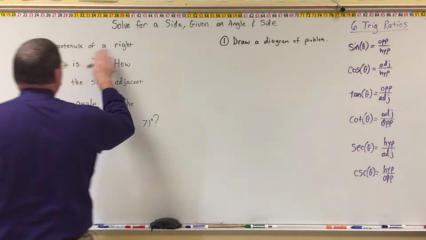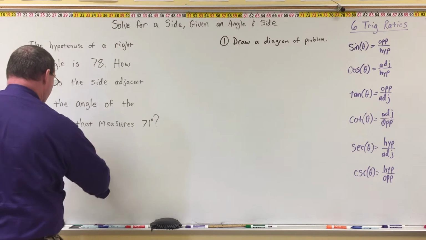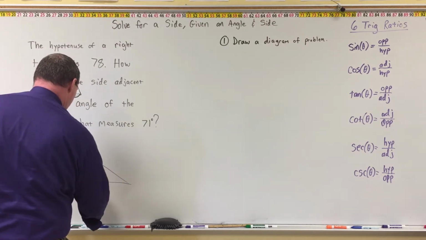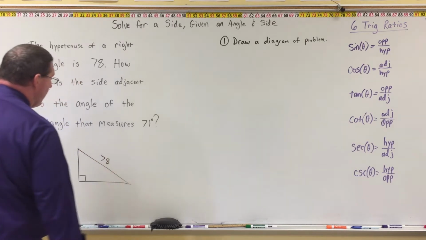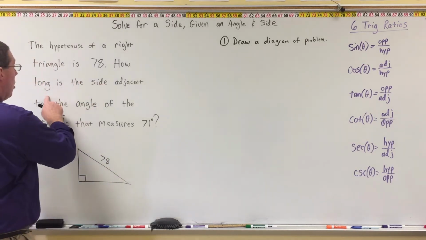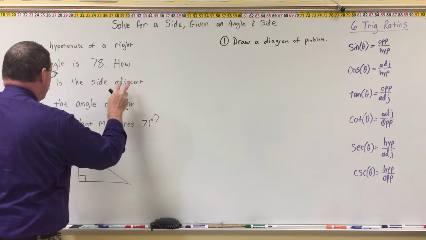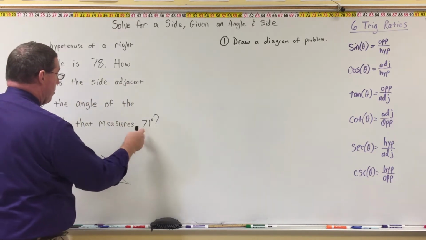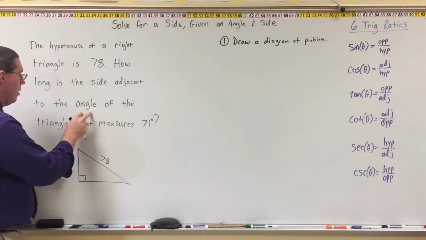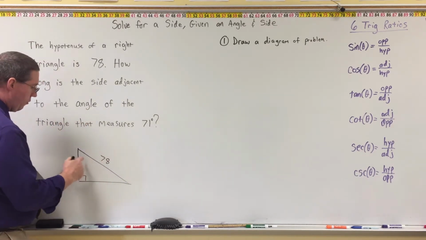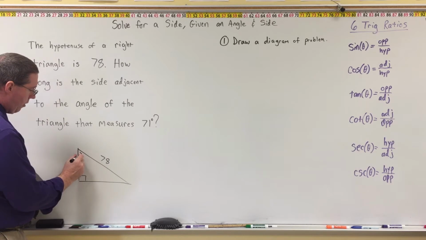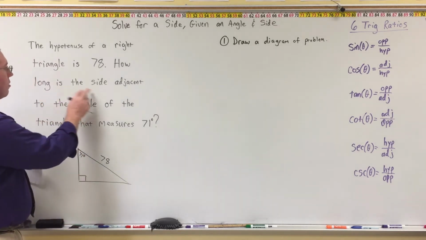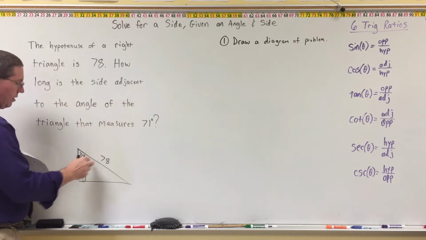It says the hypotenuse of a right triangle is 78. So here we're going to draw a right triangle with a hypotenuse of 78. Then it says, how long is the side that is adjacent to the angle of the triangle that measures 71 degrees? So one of the angles of the triangle measures 71 degrees. Let's make it this one right here. And we're asked, how long is the side that is adjacent to that angle?